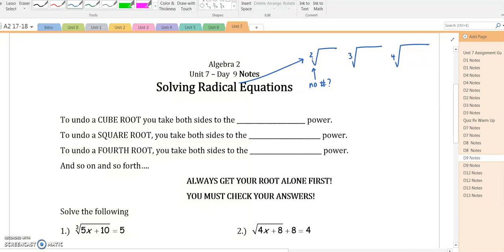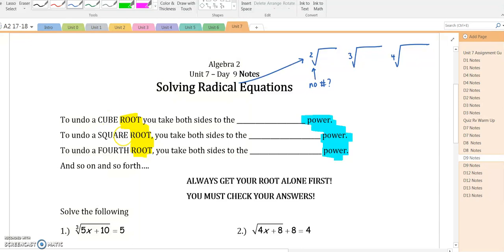And the way to solve any equation is always to undo what the equation has. For example, we see addition, we undo it by subtracting. We see multiplication, we undo it by dividing. Well, the way that you undo a root is using a power or an exponent.